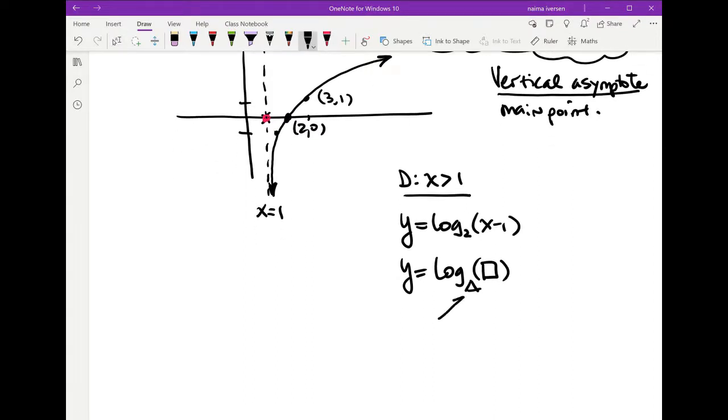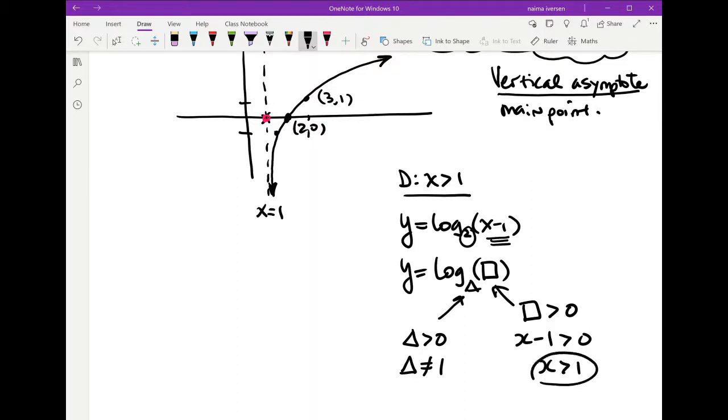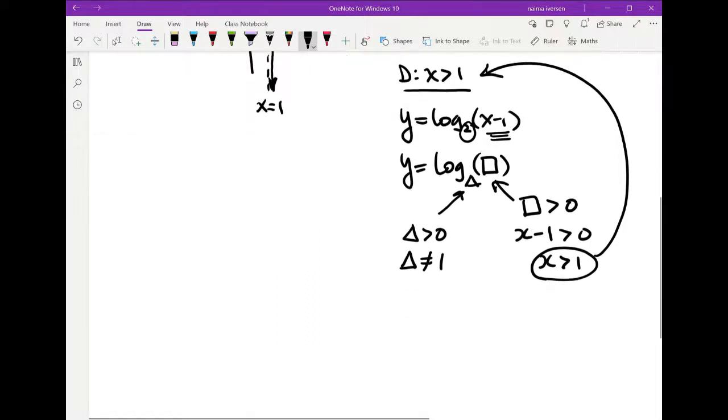The base, the triangle part, always has to be greater than 0, and the base can't equal 1. The base in this question is 2, so it's safe. But this argument, the square, always had to be greater than 0. So in this case, x minus 1 had to be greater than 0. There's my square sitting right in there. If I add 1 to both sides, I get x is greater than 1, which is my domain for the graph. So you can actually find the domain for this without going in and sketching the function.